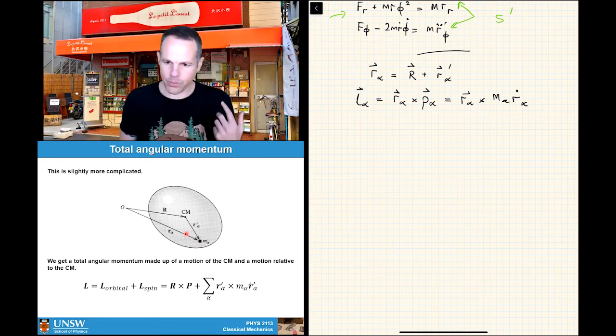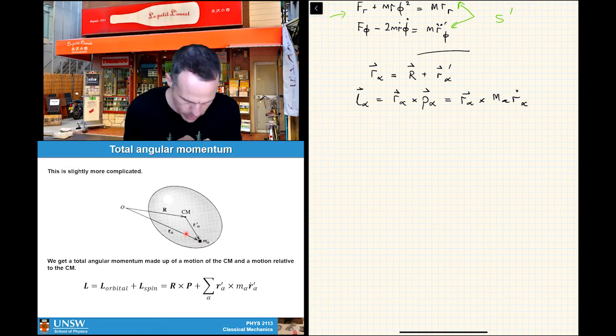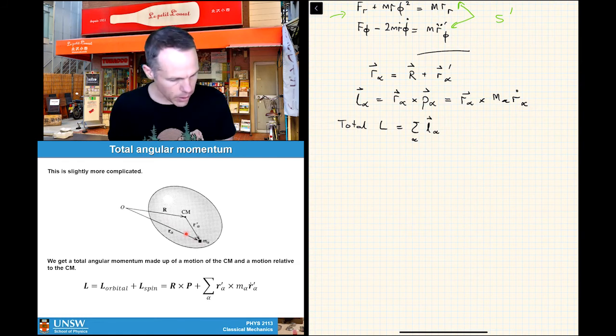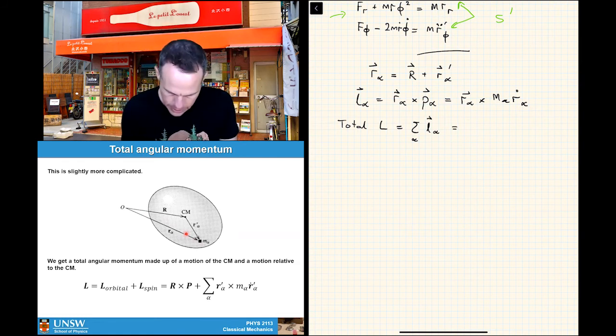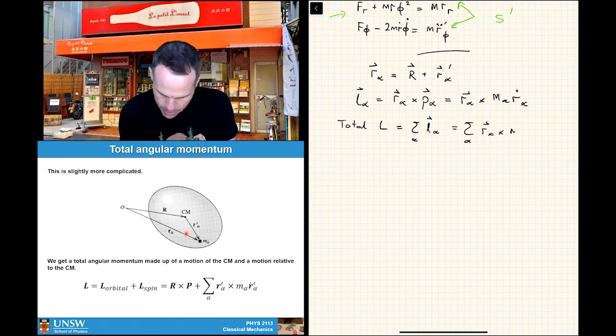Now that is just the angular momentum attached to one little component, and the total angular momentum, L, is going to be the sum over alpha of all those little components, alpha, in here, right? So what it's going to be is essentially sum over alpha, r alpha cross m alpha r alpha dot, okay?